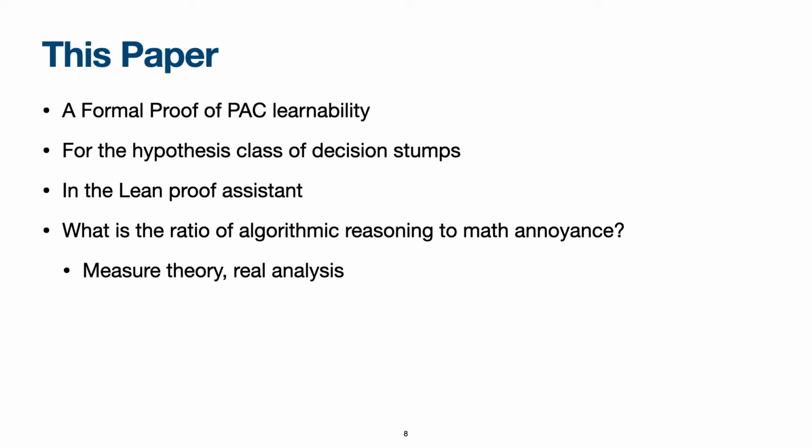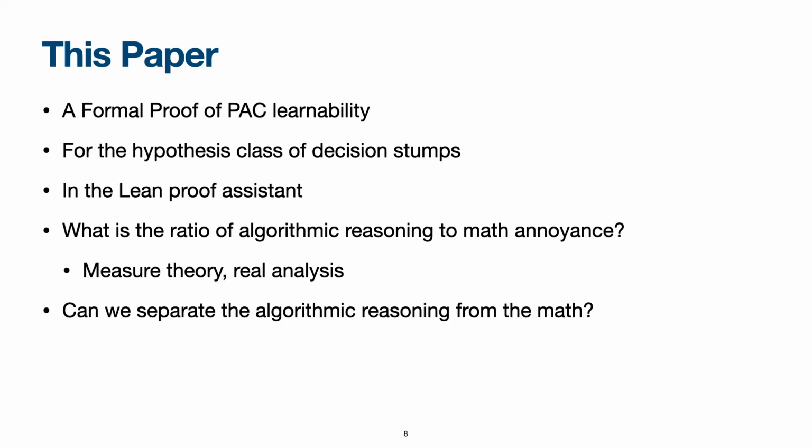What I mean by this is, how much of the effort for the formal verification of such a PAC learnability property corresponds to the type of reasoning that we might find in a textbook, as opposed to having to establish a lot of results of measurability of functions, etc.